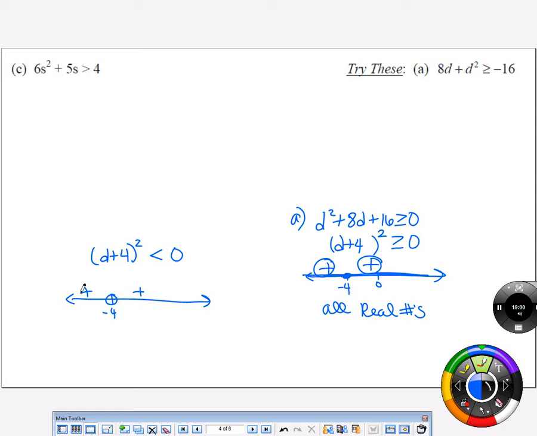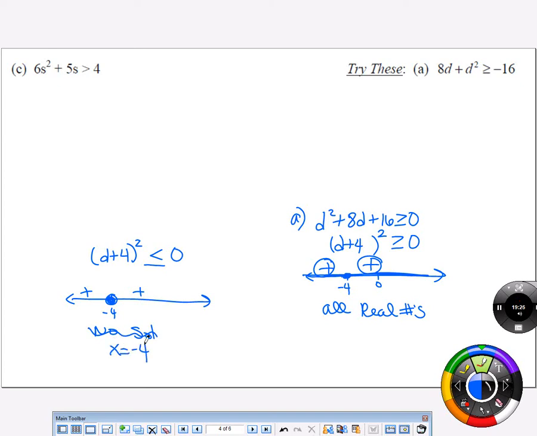When is this less than 0? Never. What would we say? No solution. How would that change if I allowed it in this case to be equal to 0? I would have one solution, which would be exactly at -4, because the difference would be that would be able to be filled in. And then I would say x equals -4.